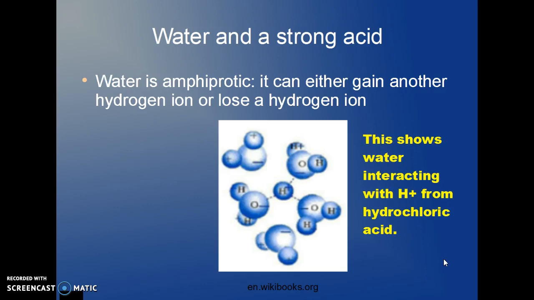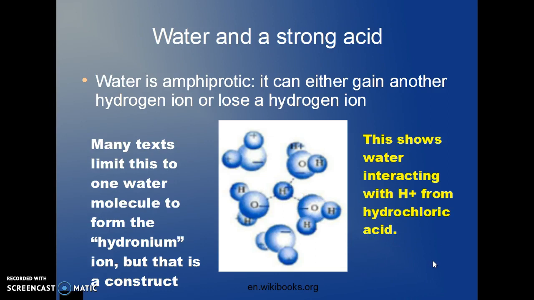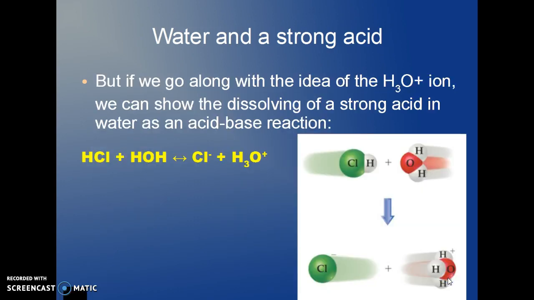This shows water interacting with the hydrogen ion coming out of hydrochloric or hydrobromic acid. Many texts limit this to one water molecule forming the hydronium ion, but that is a construct. The hydrogen ion is surrounded by multiple water molecules in reality. But if we go along with the idea of the hydronium ion, H3O+, we can show the dissolving of a strong acid in water as an acid-base reaction.